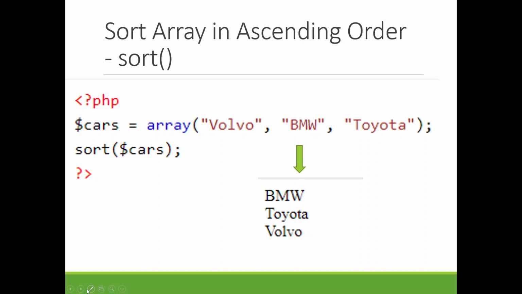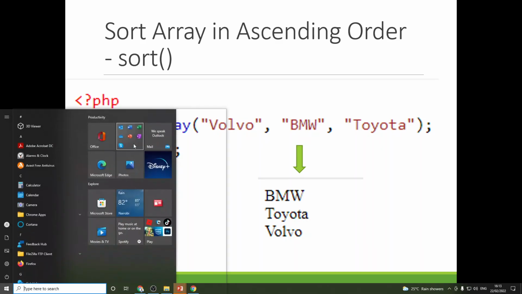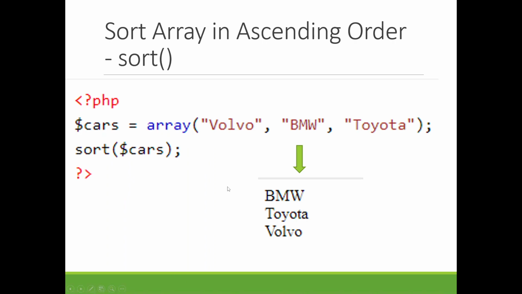So this is just an example. I won't dwell so much on this. So we just have an array here. If we use the sort function, then it's going to sort this array in ascending order.